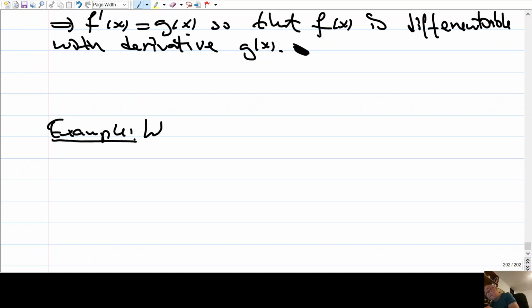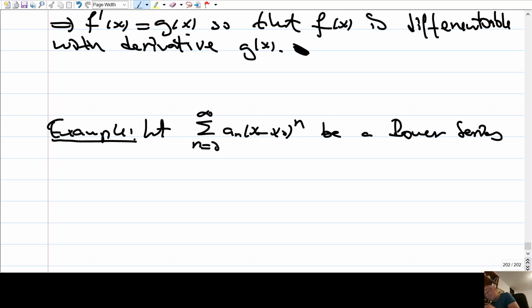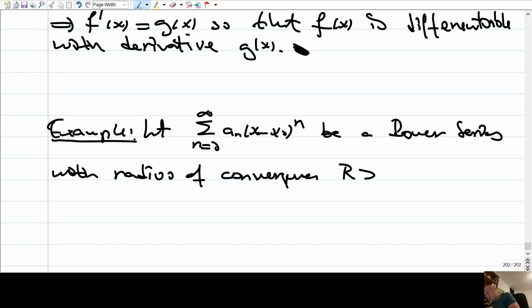Okay, let this thing be a power series with a radius of convergence r positive.